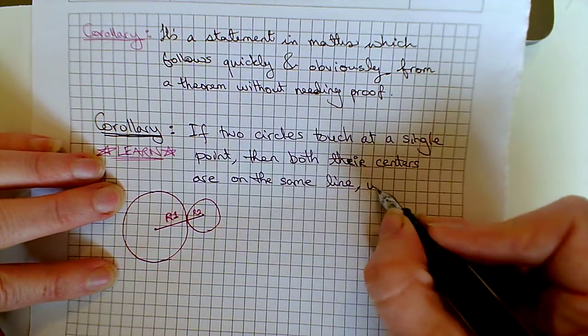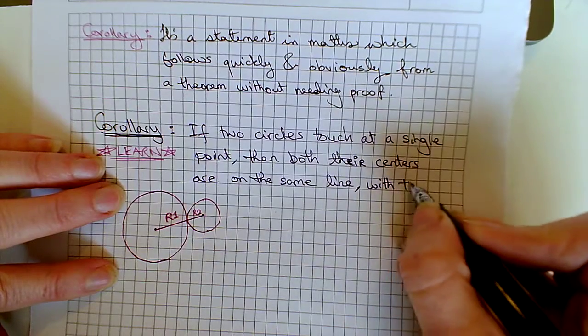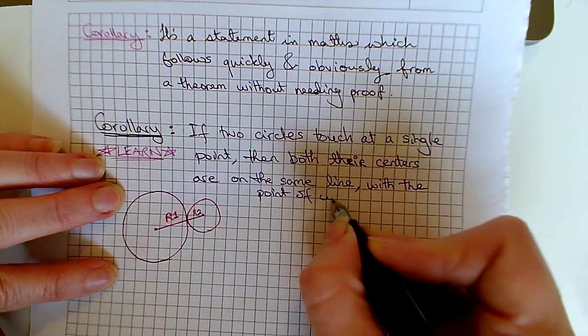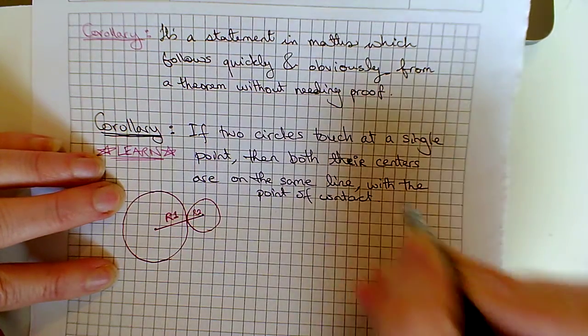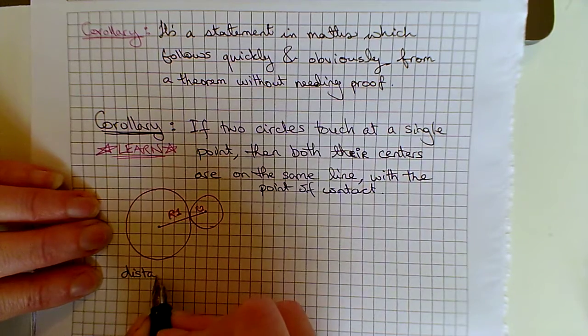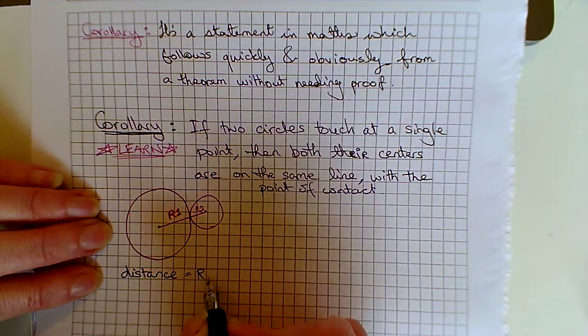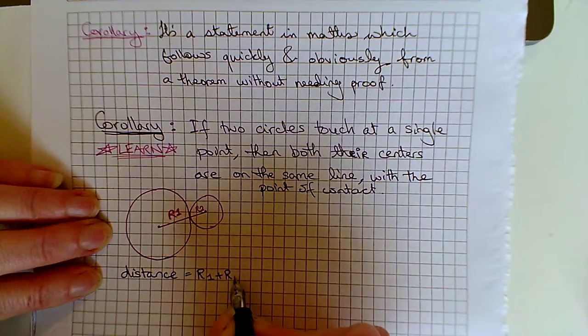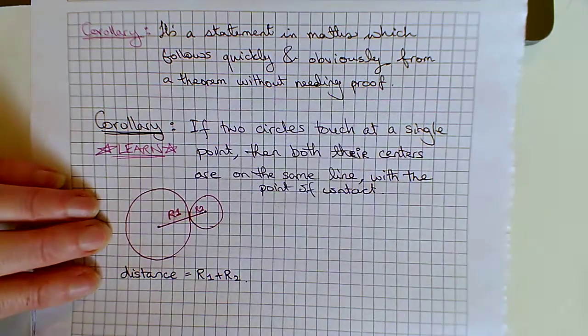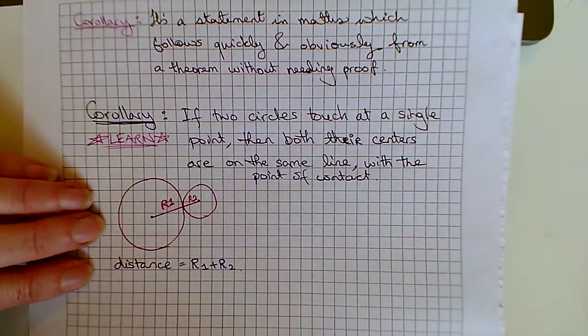They're on the same line with the point of contact. Any 2 points are on some kind of same line. So the distance then between their centers will be the first radius added to the second radius. You should have done that in coordinate geometry of the circle, or maybe you don't remember it.